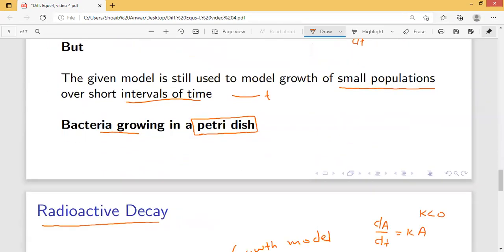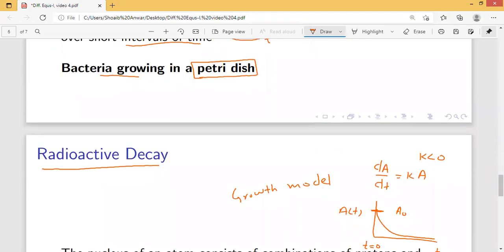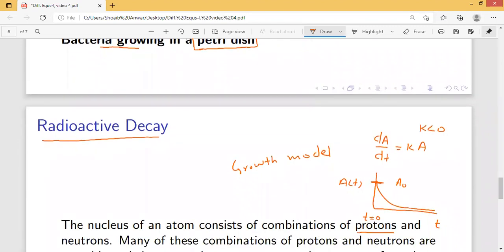Similarly, for the radioactive decay, you can write your complete initial value problem as dA by dt is equal to kA, where A at t is equal to 0 is equal to A naught.